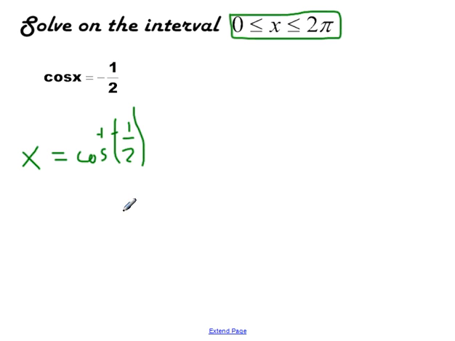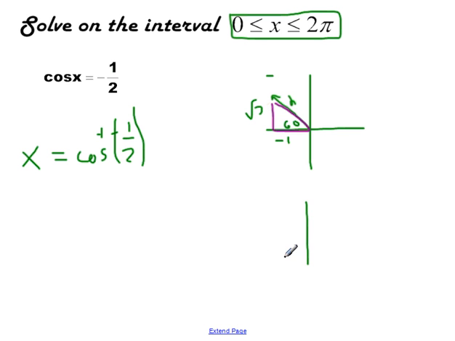If we're looking at a picture, cosine is negative here, and it's negative 1 over 2, which means this other side will be root 3, which gives us a reference angle of 60 again. We also know cosine is negative down here in quadrant 3. So the answers we're looking for, I'm highlighting in blue.